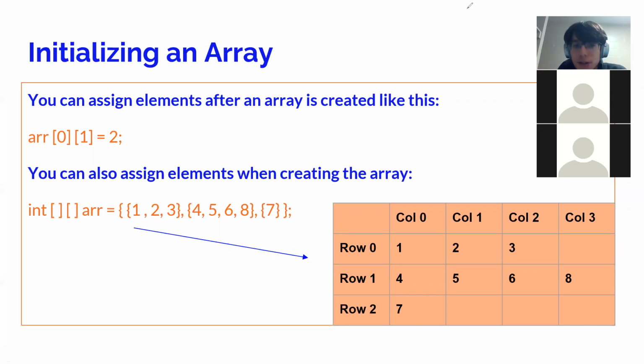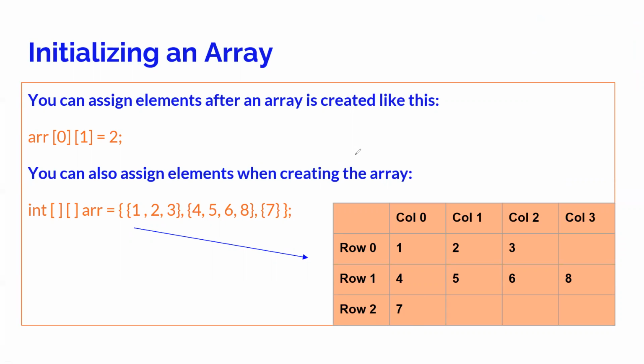So how do we initialize an array? You can assign it elements after it's been created, or you can assign it when you're creating it, just like a regular array. Let's look at the first one. If I want to change what's in the 0th row and first column, I can just set it to something, because there's just an integer there.